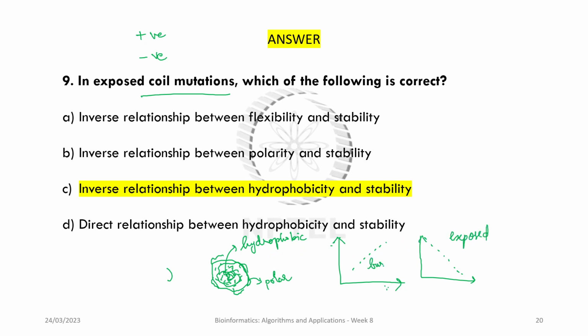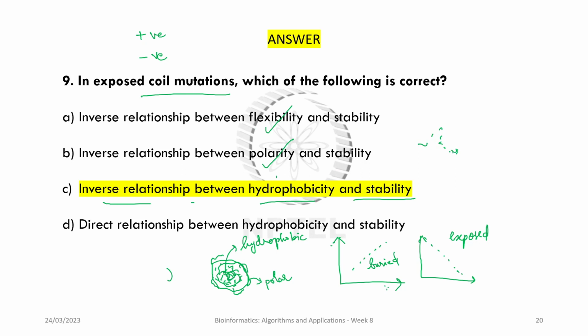This is for buried. So, we say that in exposed coil mutations, there's an inverse relationship between hydrophobicity and stability. Whereas if it comes with polarity, yes, it will be positively correlated because the more polar it is, if it is in exposed state, more is its stability. Similarly, if it is more flexible, yes, it can wangle, dangle around, and here we are not talking about that.